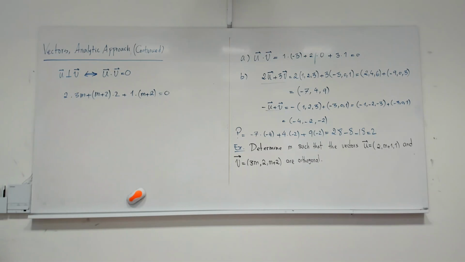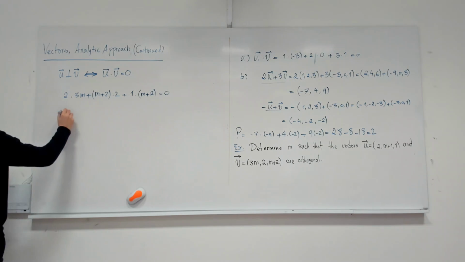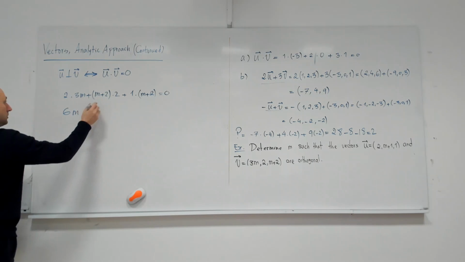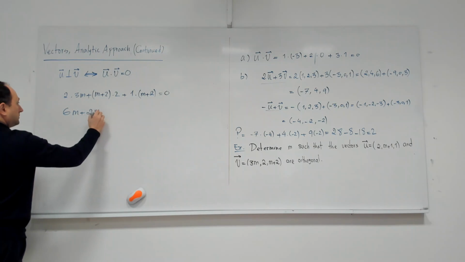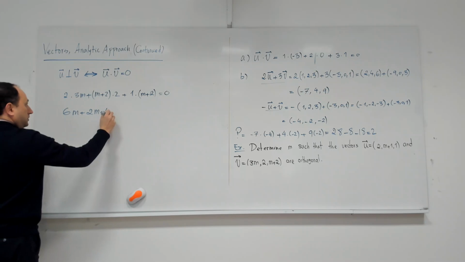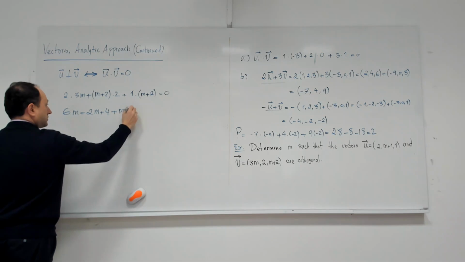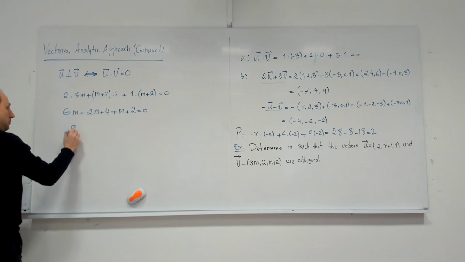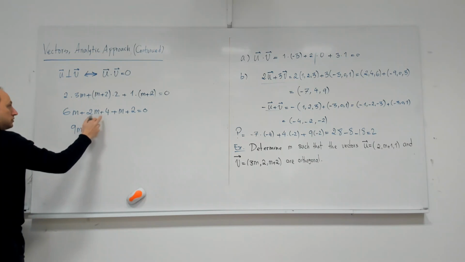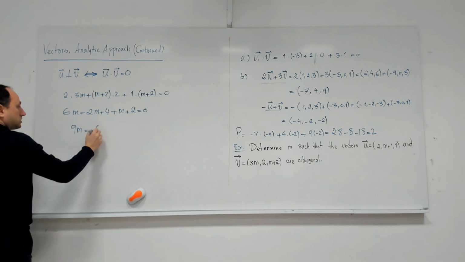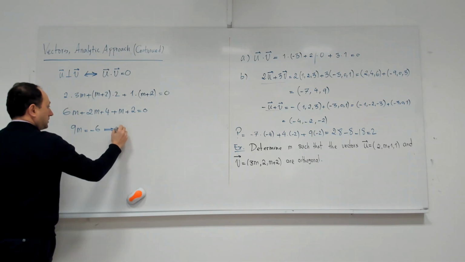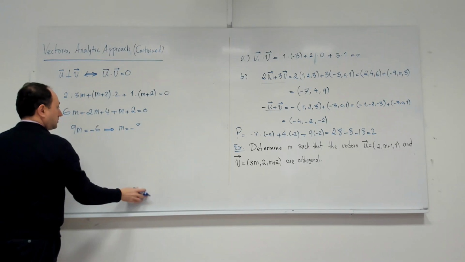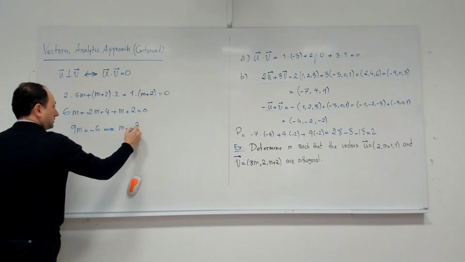And then I can solve this equation and find it. So it is 6m plus 2m plus 4, and then I have m plus 2 equals 0. So this becomes 9m equals minus 6. Then it means that m is minus 2 over 3. Yes.